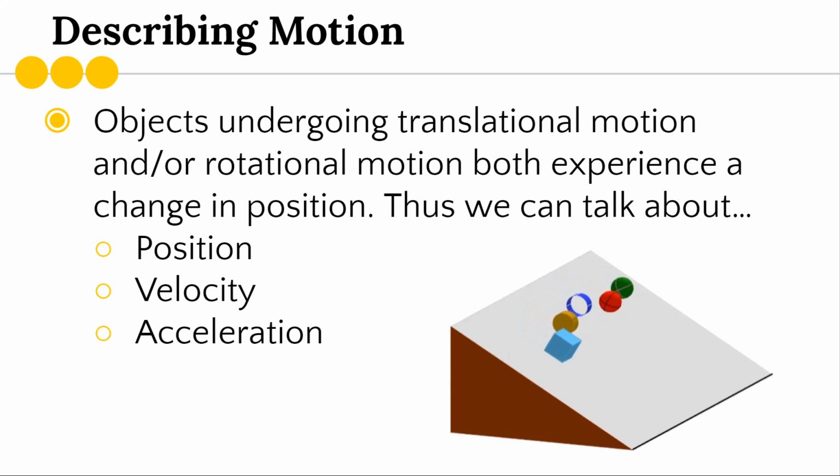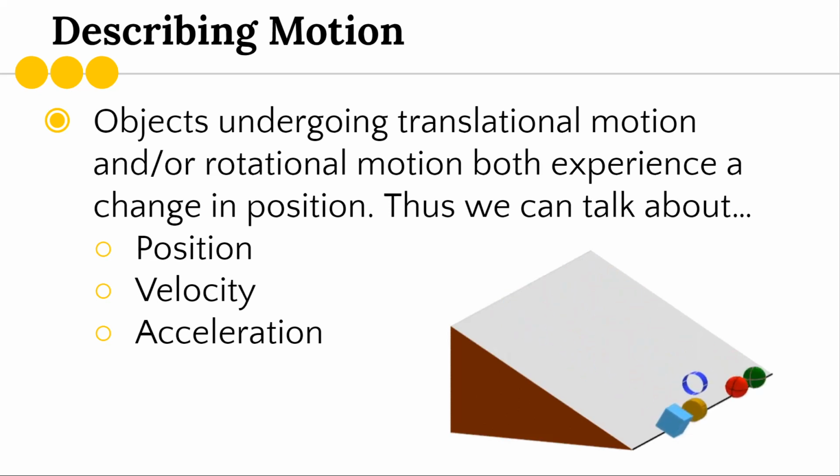Objects undergoing translational motion and/or rotational motion, because you can have both at the same time, or just one or just the other, both experience a change in position. When we talk about objects undergoing translational motion, we talk about how far they move across that surface.